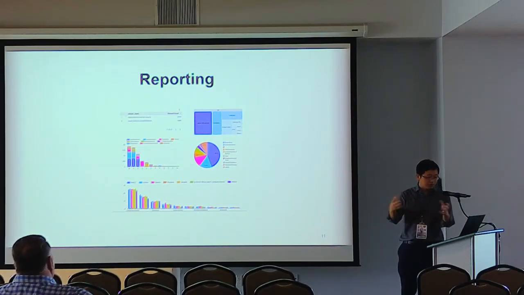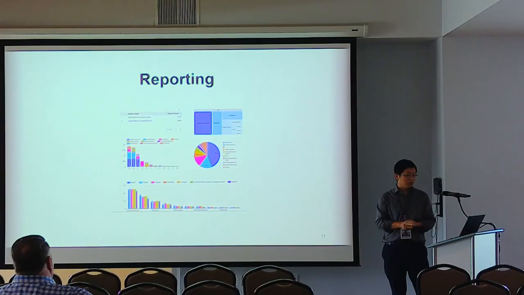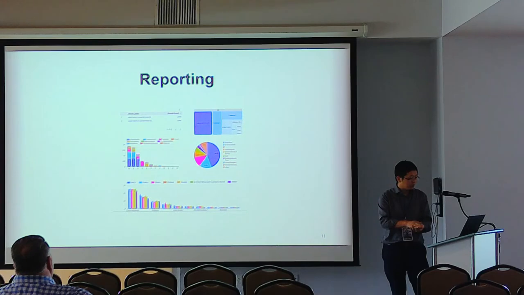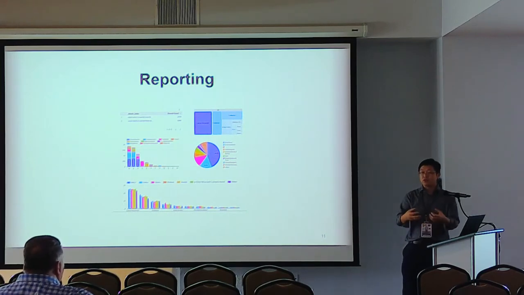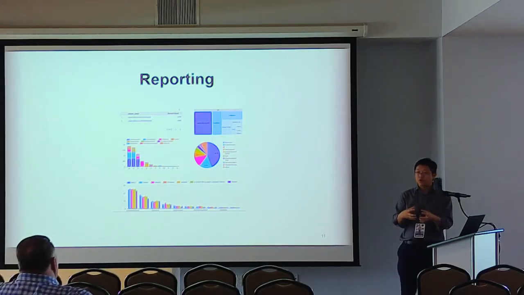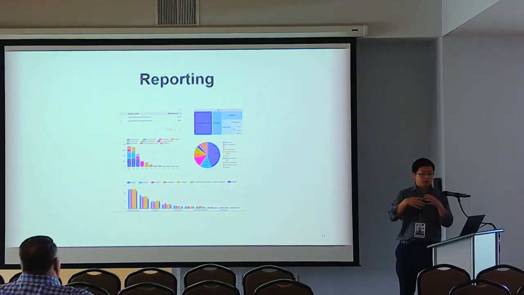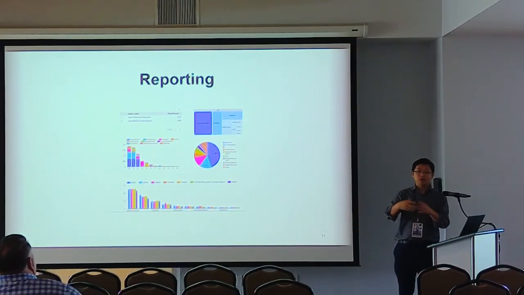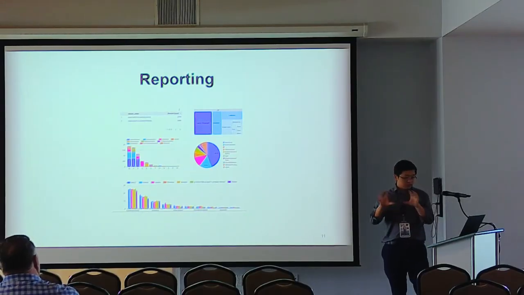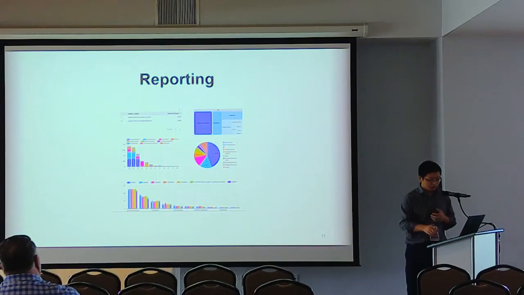Some companies are using Teams for reporting, but there are lots of popular BI tools like Power BI and Google Data Studio. If your data is siloed, in vulnerability tools, in your endpoints, maybe in the cloud, and you want to generate a nice report to aggregate everything, with the Node-RED integration you can pull all this data continuously and dump it into Power BI, and use Power BI to create a nice report for the management to review. So this is the reporting.